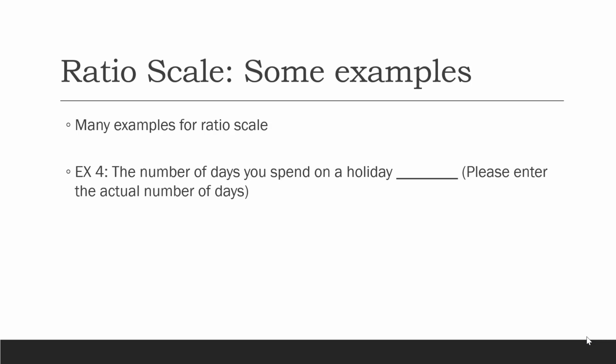So the number of days is actually a ratio because it implies the concept of absolute zero. We can make a comparison again between the male group and the female group. We can compare whether the male group spends twice as many days, or the female group spends twice or 3 times as many days as another group when they visit the provinces.